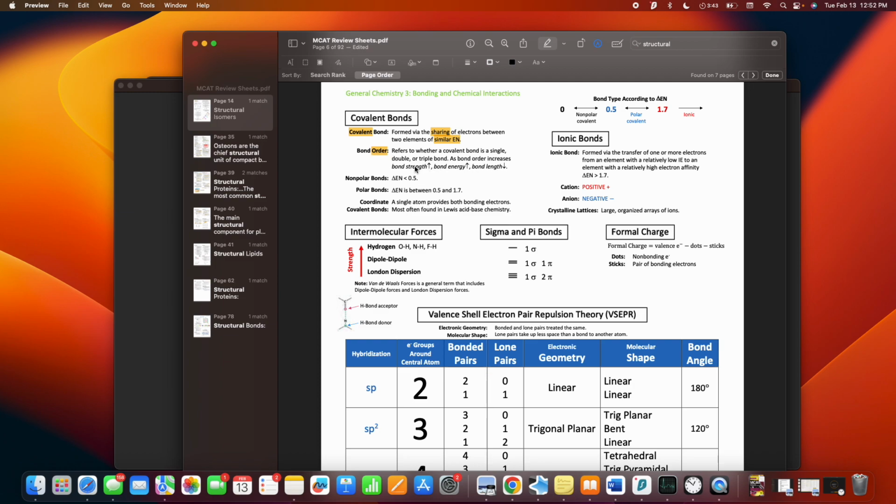As bond order increases, the bond strength increases, the bond energy goes up, and the bond length decreases. So when the bond energy is going up, does it mean that it's more stable? Based on the fact that the strength has increased, yes, it means it's more stable, right?